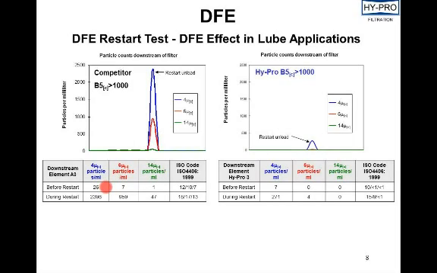Yet when we shut the system down and do the restart test, we see a huge increase, 2,398 particles per milliliter. Translate that to ISO codes. Before the restart test, there was an ISO code of 12/10/7. During the restart test, 18/17/13. So a huge increase in the ISO code, which leads to damage, abrasive wear, and sensitive components.